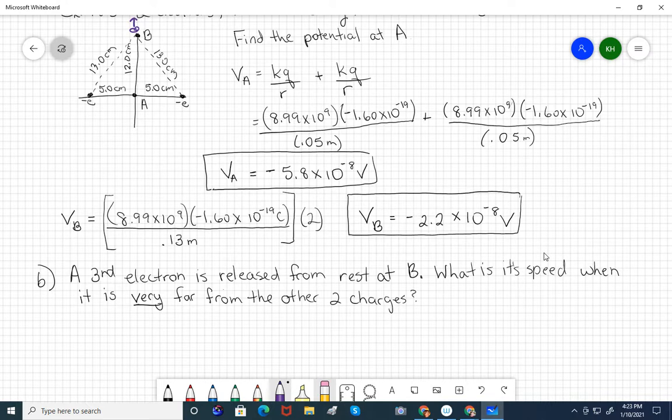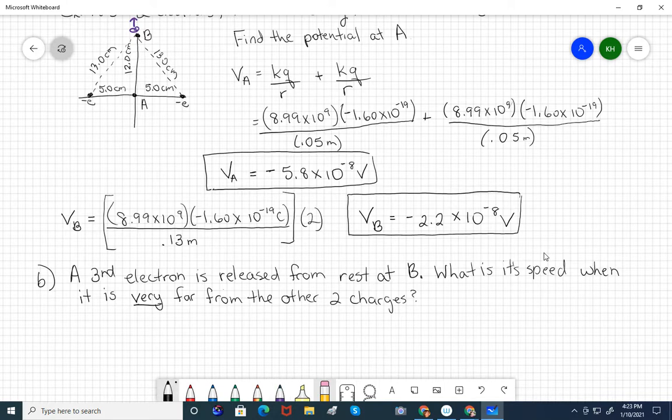Remember, electrons repulse other electrons, and although it's at a negative potential, its potential will increase as it moves farther and farther away. Negative charges naturally go from low to high. In other words, it's trying to go farther and farther away.